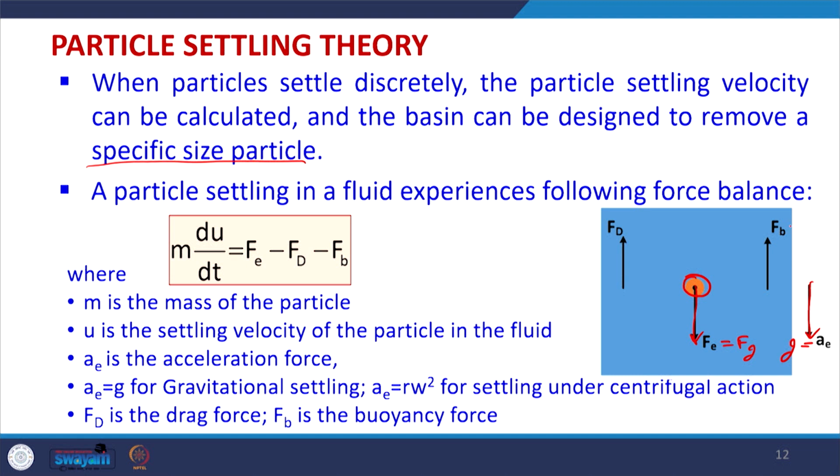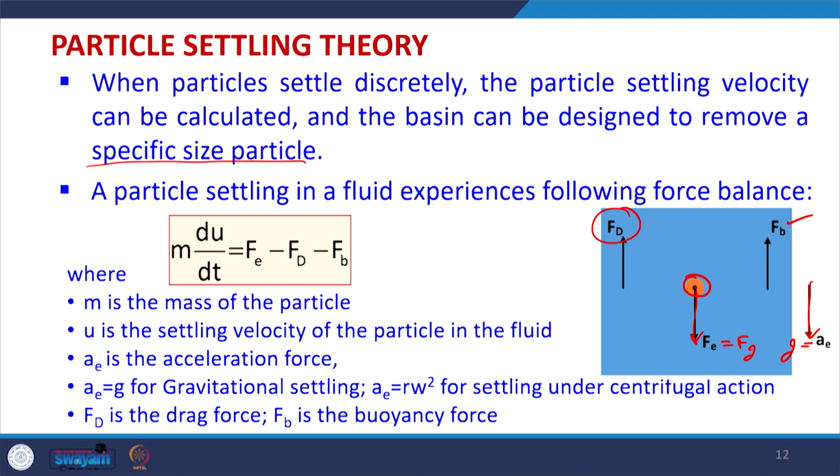This buoyancy force will be going in the upward direction, and this Fb is called the buoyancy force. Then there will be a drag force also, which will depend upon the velocity with which it is settling down, and this drag force acts opposite to the settling direction.